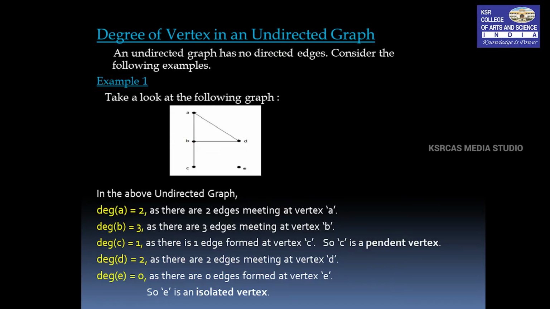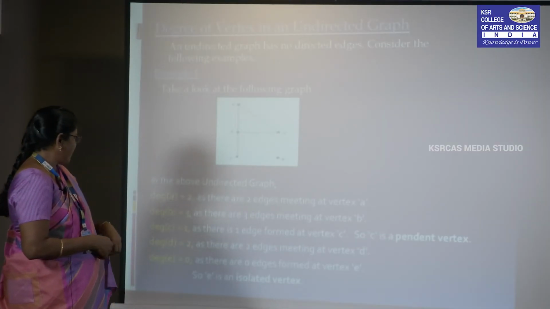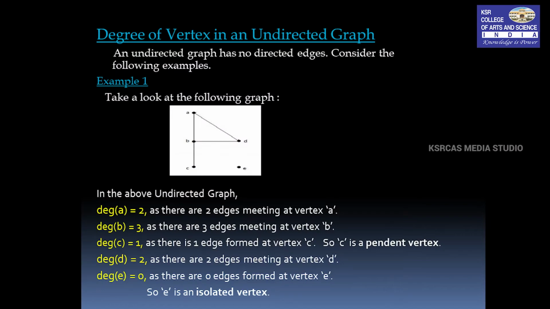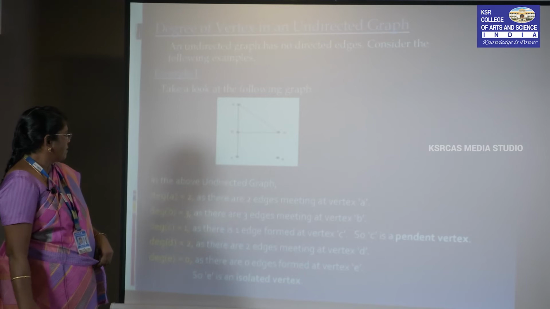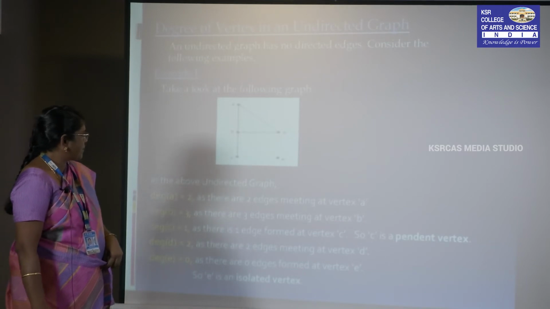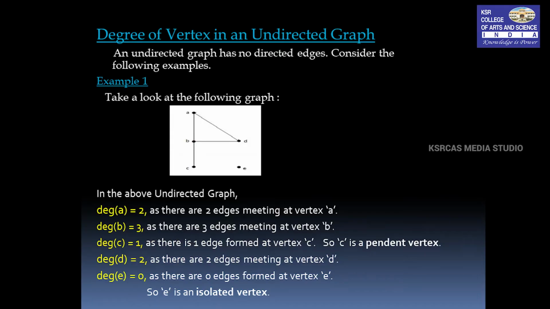Degree of a vertex in an undirected graph. See this example. The edges are denoted without direction, and the degree of the vertex A is 2 because from A there are two edges connected, one with the vertex B and another with D. And the degree of B is 3 because from B, 3 edges are connected to A, C and D. But there are no edges from the vertex E. So the degree of the vertex E is 0.